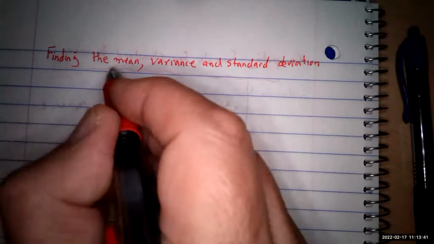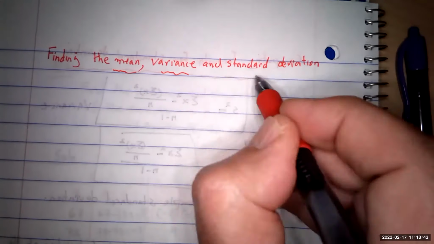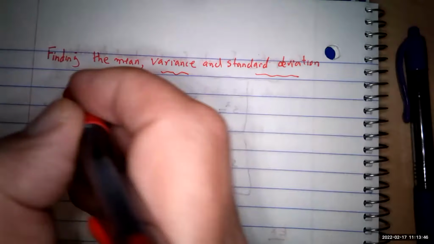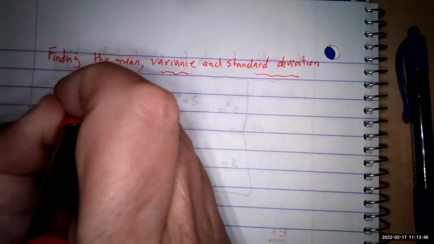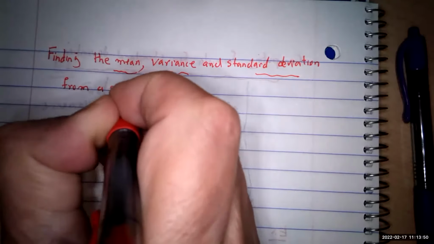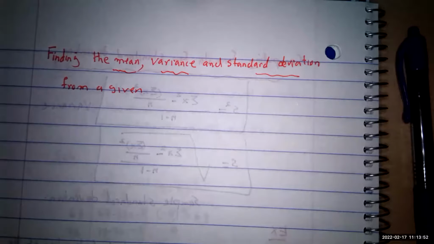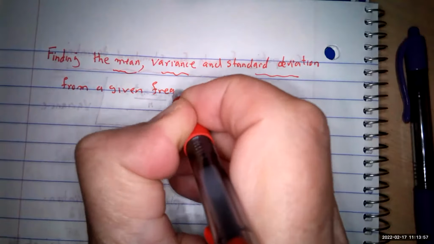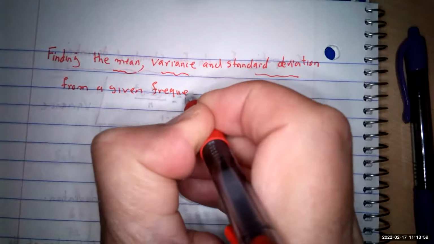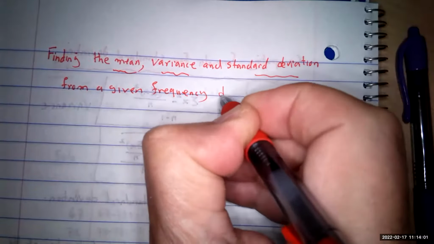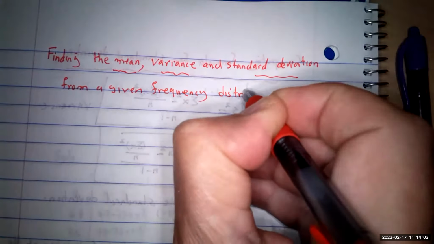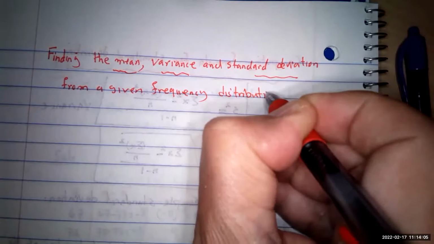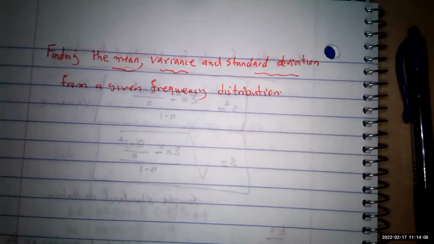Find the mean, variance, standard deviation of what? From a given frequency distribution. So a table would be given to you and you want to find it. You don't have the actual numbers, but you do have classes and the frequencies.